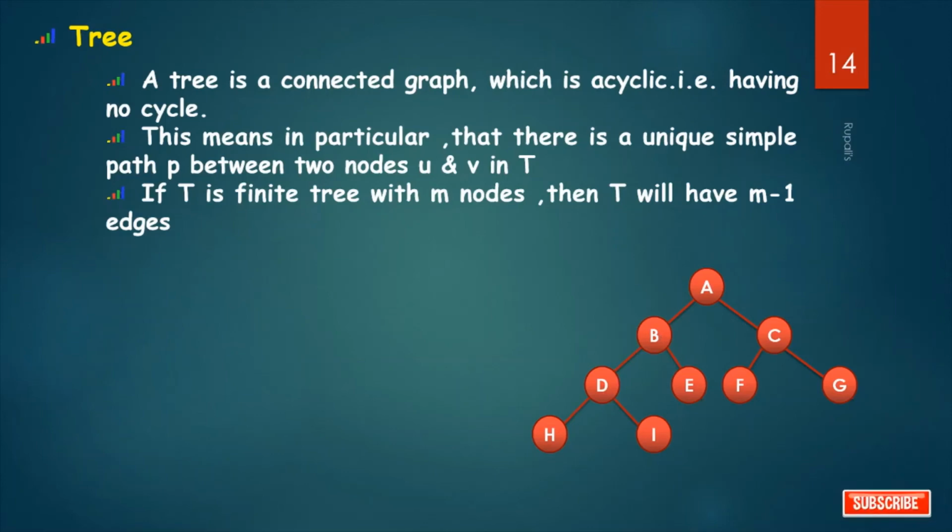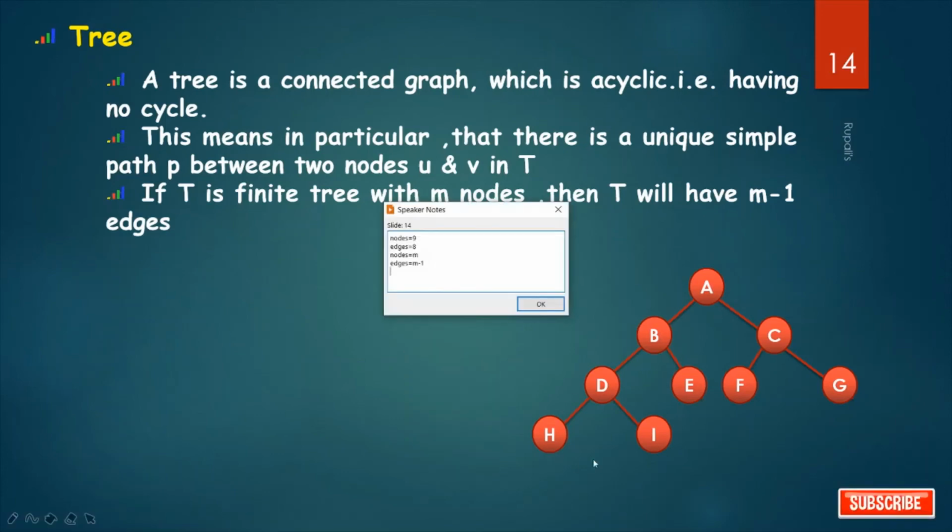If T is a finite tree with m nodes, then T will have m minus 1 edges. See, there are 9 nodes, so 8 edges are there. So, if the number of nodes is m, then edges are m minus 1.